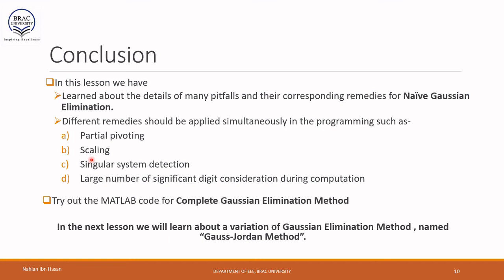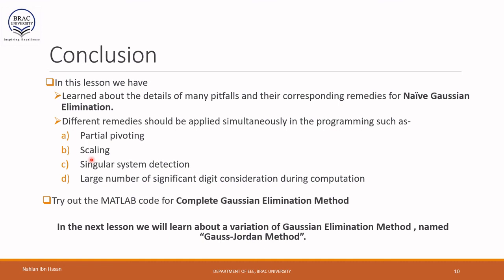So that's the third solution: partial pivoting, scaling, and singular system detection through code. And also, if you have an ill-conditioned system, you can use many significant figures in all of the calculations to circumvent the round-off errors and the ill-conditioned system.